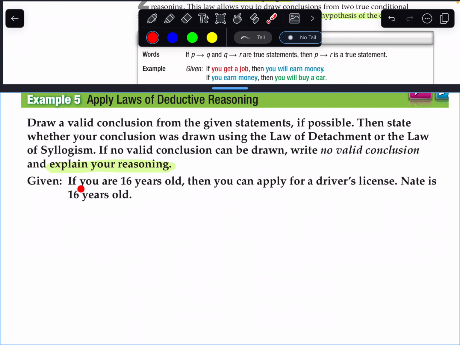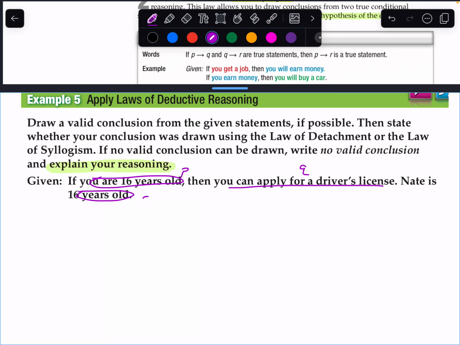So here we are given, if you are 16 years old, then you can apply for a driver's license. Okay, you are 16 is a hypothesis. Apply for a driver's license is a conclusion. We could also label these P and Q, check to see what gets duplicated. Nate is 16 years old.